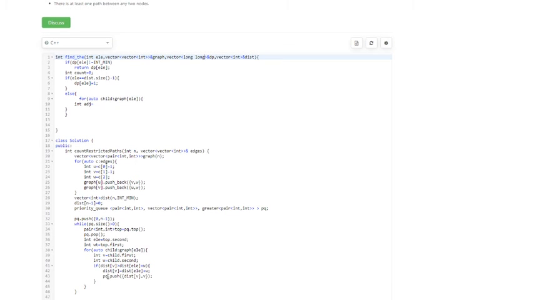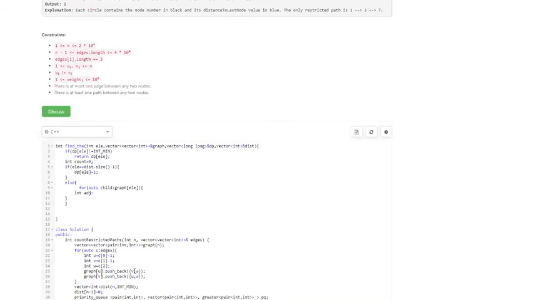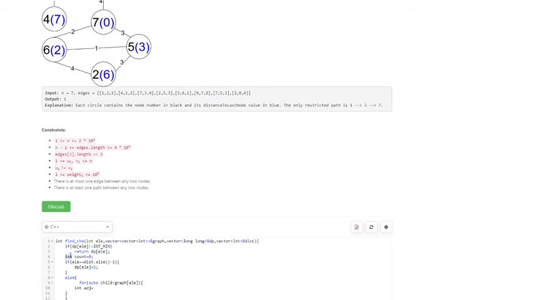This way, everything will be good, since we need to return its modulo 10 power 9 plus 7, I think.